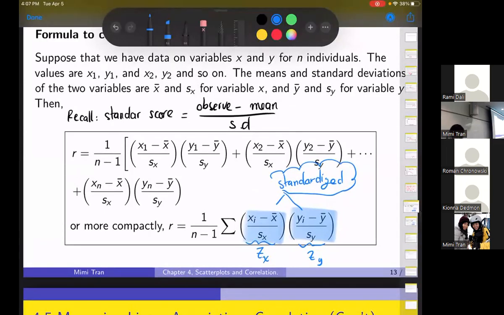Standard score of x, standard score of y. And I'll show you how to calculate this. So far, so good.